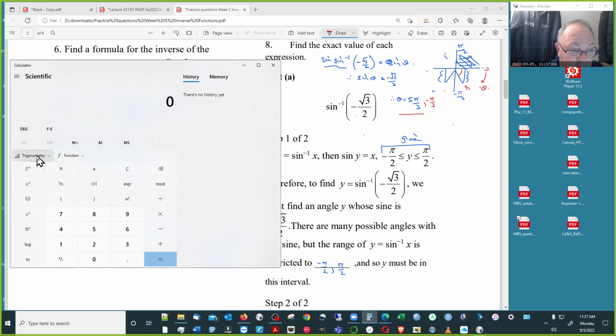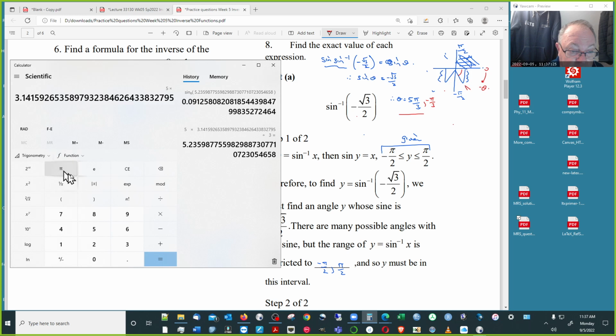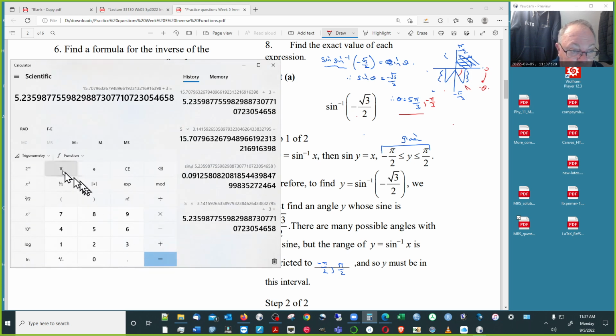So sine, let's do 5 times pi divided by 3, and take the sine of that, because you've got to be in radians. So 5 times pi divided by 3 equals, and take the sine of that, negative 0.866. We'll just stick that in the memory for the fun of it.